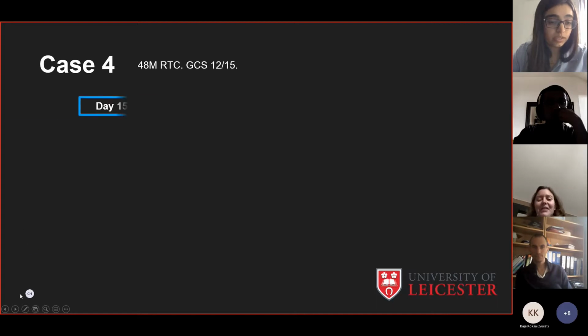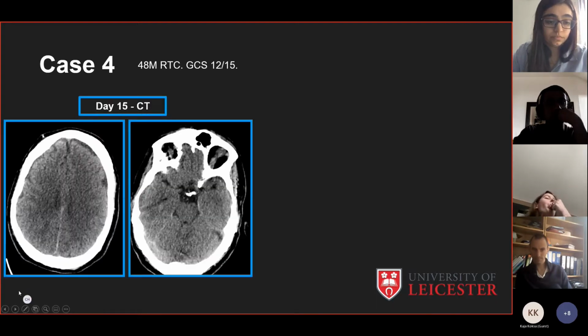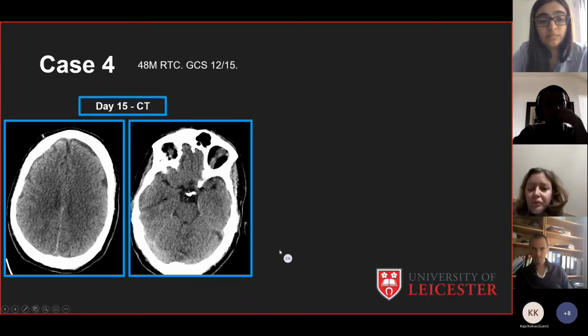So just continuing on this, can anyone tell me what they think of this CT? This is taken 15 days after the accident.